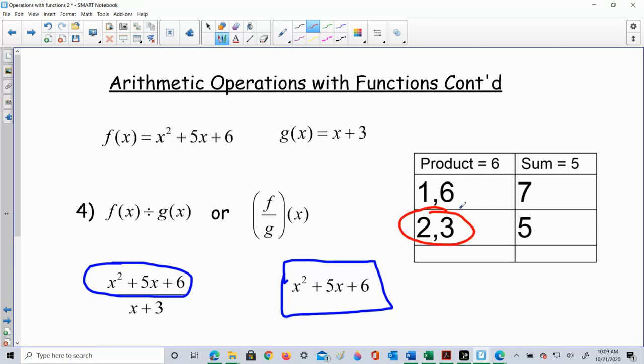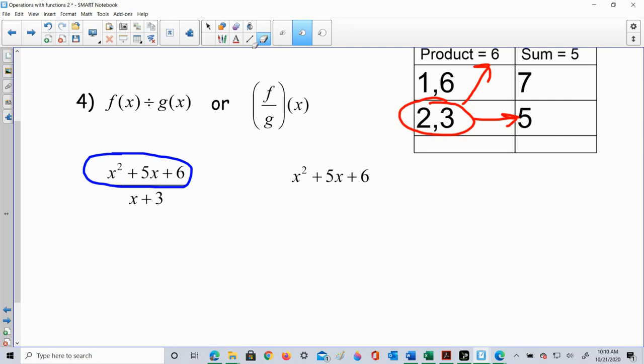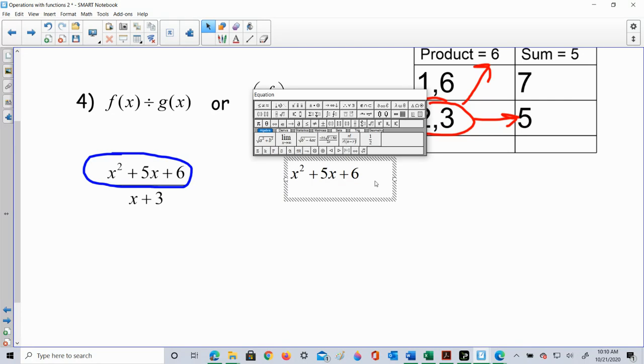2 times 3 equals 6. 2 plus 3 equals 5. So to factor this, I use those two numbers. So that equals, now I'm going to have two sets of parentheses. And I'm going to start with an x plus 2.